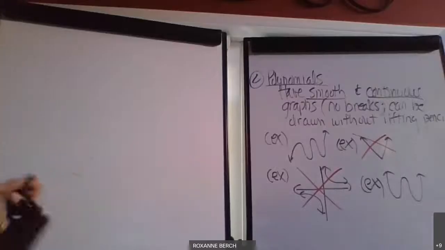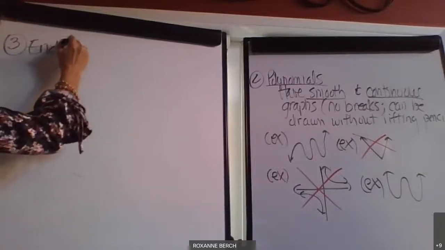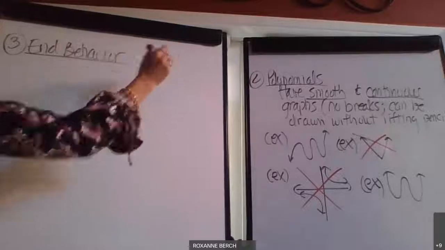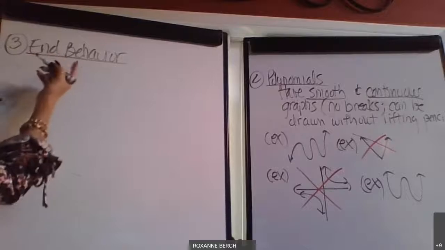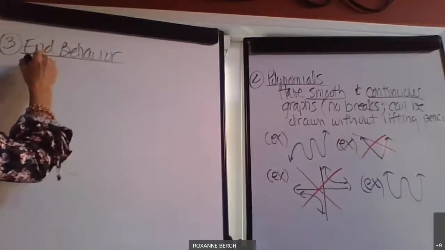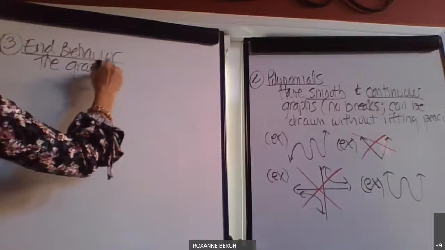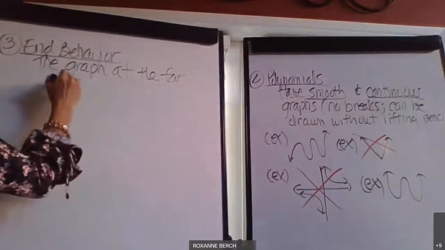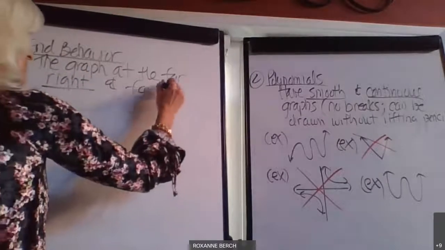All right, now we're going to talk about end behavior. End behavior is going to help us graph. So let me show you some examples. End behavior is the graph at the far right and the far left.